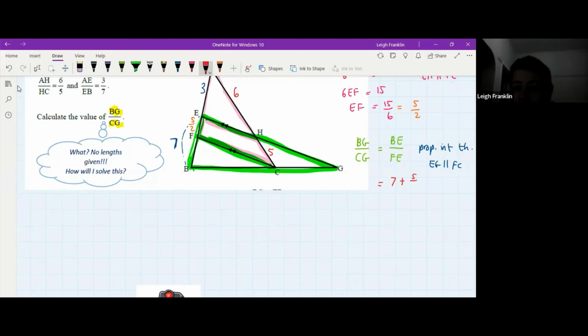So BE is the sum of those two, over FE, which is 5 over 2. We can't leave things like that, Matrix. We've got to simplify it. You're welcome to do that on your calculator, or if you want to work with fractions, that's fine. What do you get as a final answer?